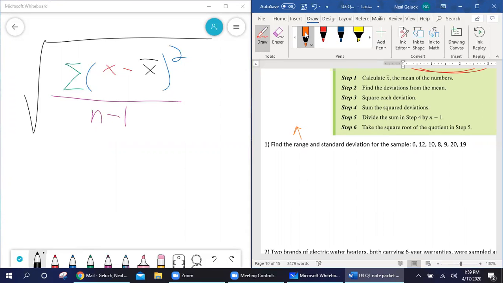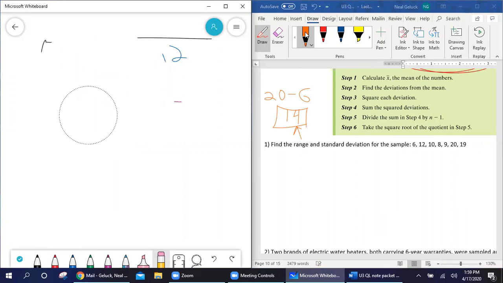The biggest number here is 20. The smallest number is 6. So 20 minus 6, 14 is your range. But that has nothing to do with standard deviation. And again, it's not a great measure of how spread out stuff is. It's somewhat useful, but it's not all that helpful for us. Okay, the standard deviation is what matters a lot more.